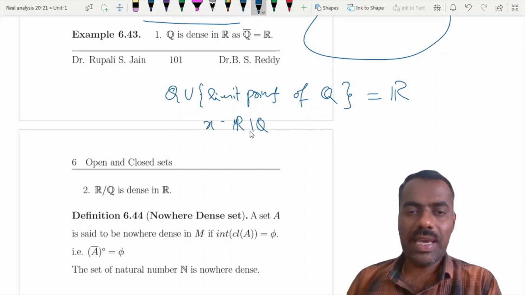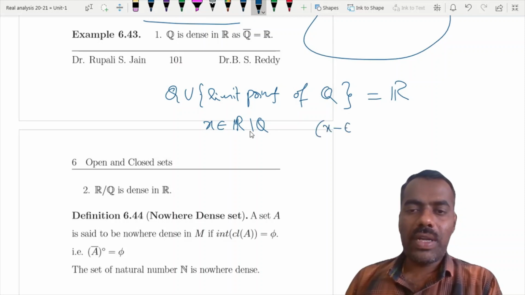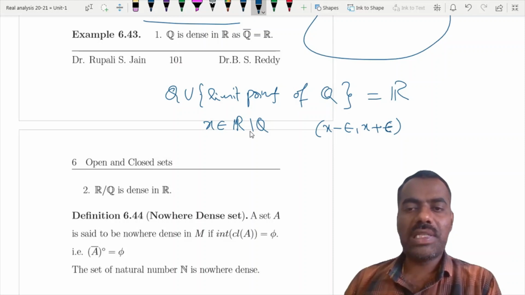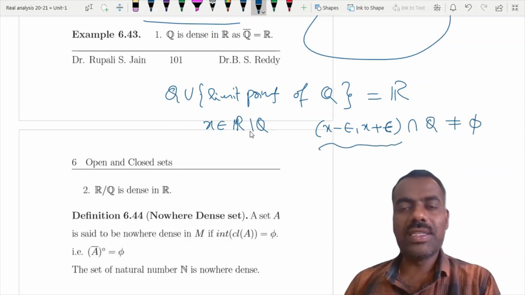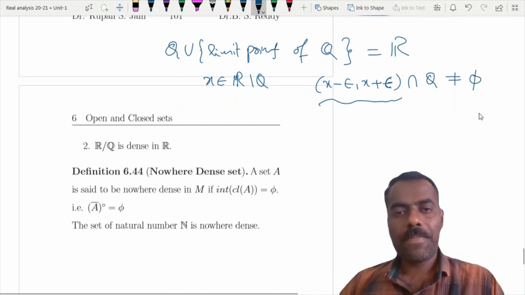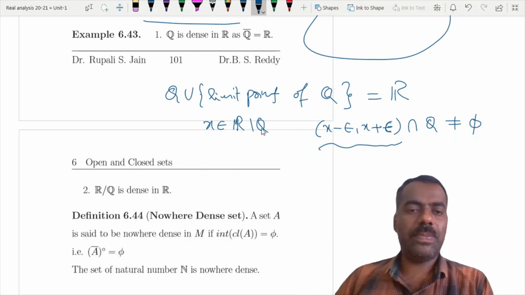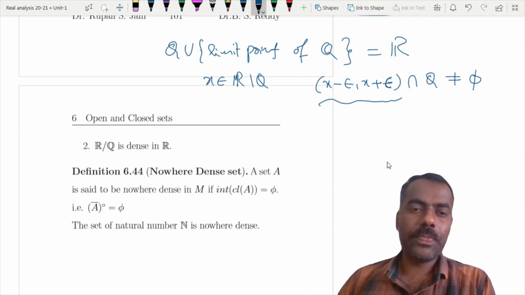If you take any x in R minus Q, whatever ball or interval you take, obviously its intersection with Q is non-empty, because every interval contains infinitely many rationals as well as irrationals. So therefore you can see that Q is dense. Similarly, R minus Q is also dense.